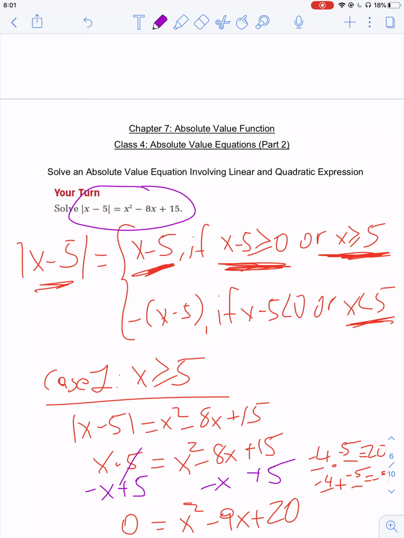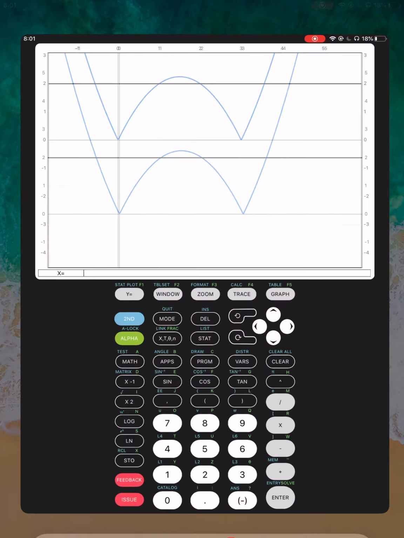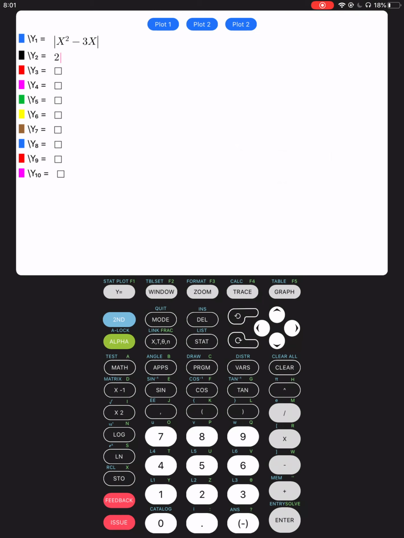Okay, so x minus 5, x squared minus 8x plus 15. So give me 1 second. Clear.